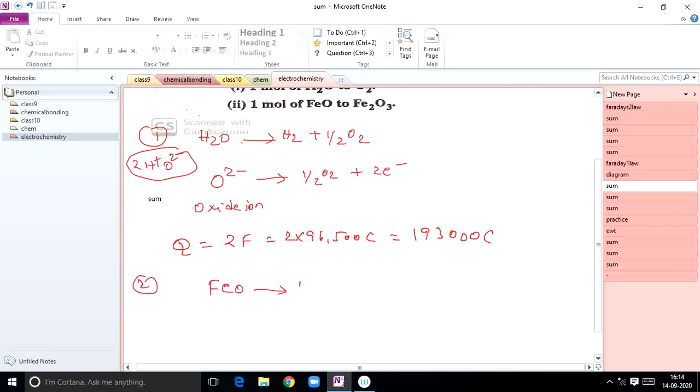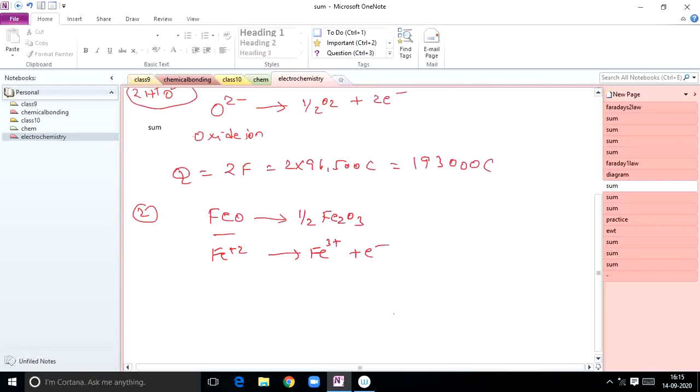Next, second one. FeO gives rise to half Fe2O3. Balance that equation: one iron on the reactant side, one iron on the product side. From this, what is the oxidation state of iron? I am taking only the iron part. Fe2+ gives rise to Fe3+ plus an electron. Here the oxidation state is plus 3.